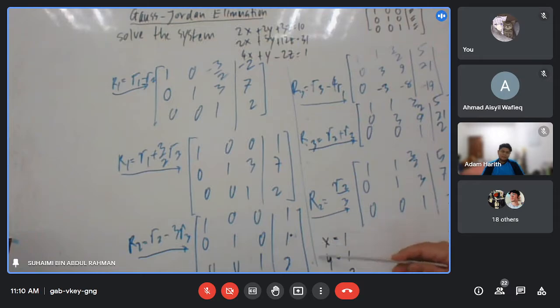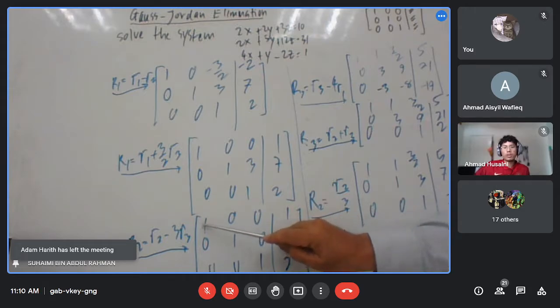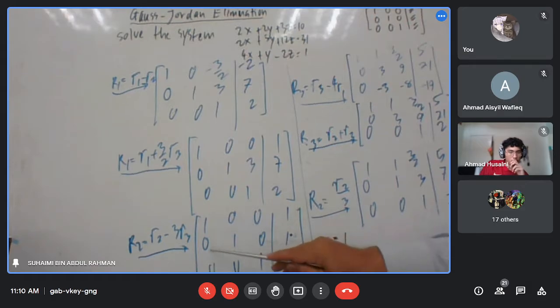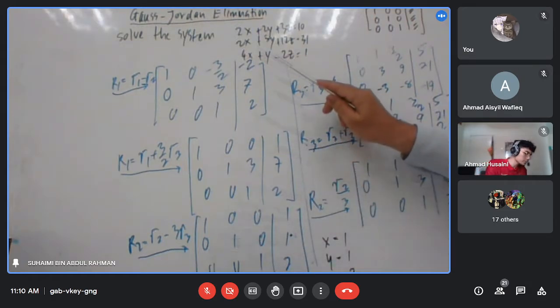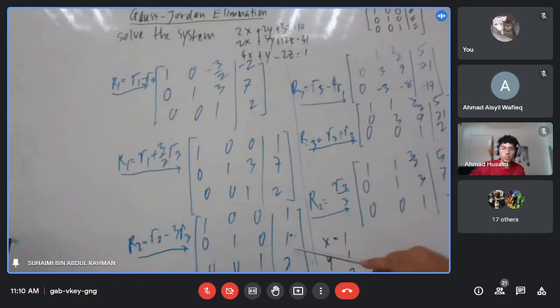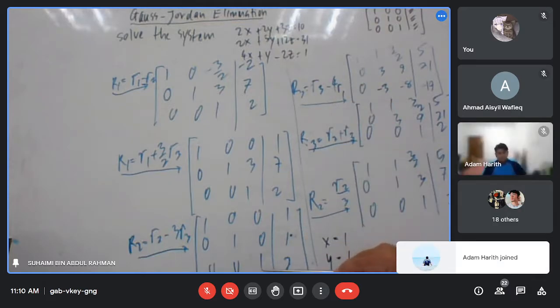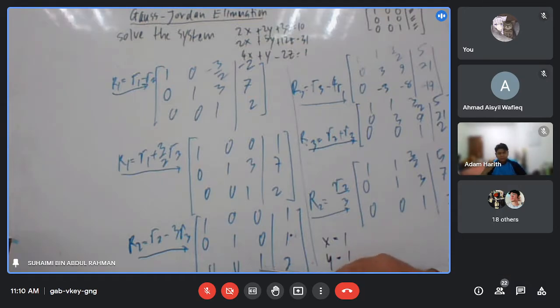So when we transform back into the equation, this is x plus 0y plus 0z equal to 1, or in other words, x equal to 1. 0x plus 1y plus 0z equal to 1, or we can say y equal to 1.